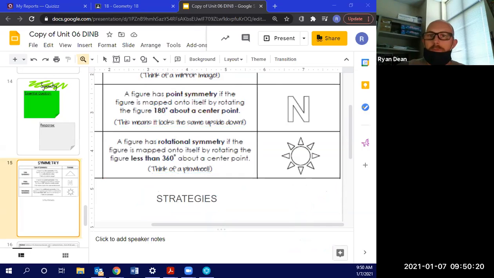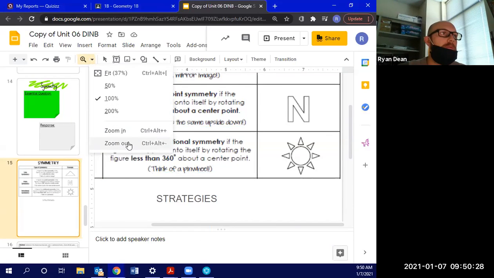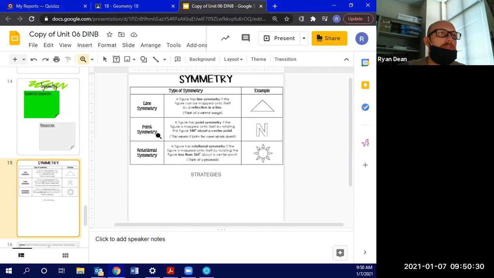Now, before we get into an example or two, we need to talk about what happens if we have point symmetry. If we have point symmetry, we know that when we rotate the figure 180 degrees, it's going to be the same shape upside down.